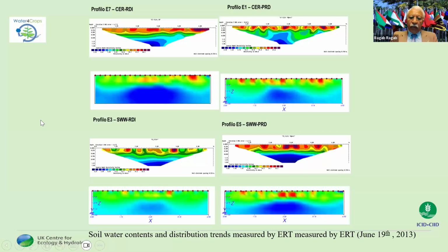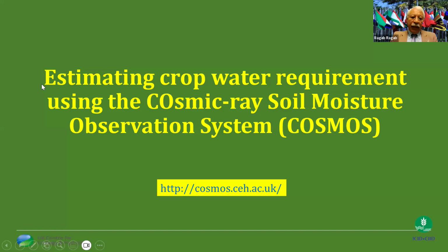We also, in the Water for Crops project, use the transects of ERT to look at the distribution efficiency of the drip irrigation, here a regulated drip irrigation system, and this one under PRD, partial root drying method, to look at how homogeneous the drip water was distributed in the system.